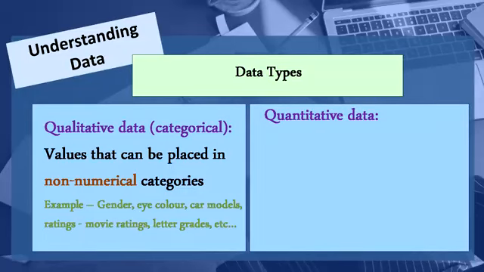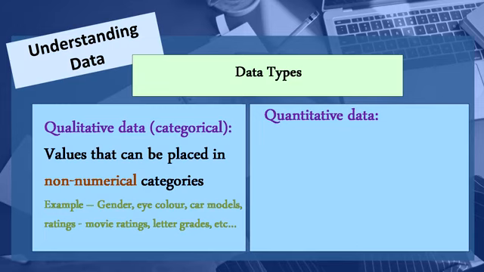Look at the qualitative data, the characteristics-based data: they are equal. Male, female, the difference is a biological difference, or eye color or car models, there is a difference, but we can't measure the difference. Characteristics are different, but all are equal.